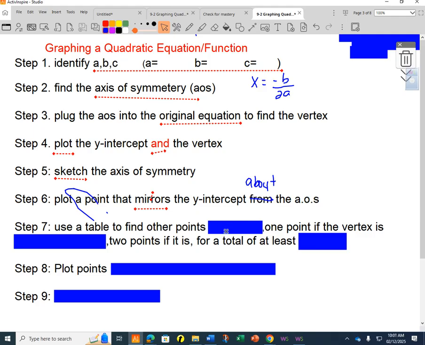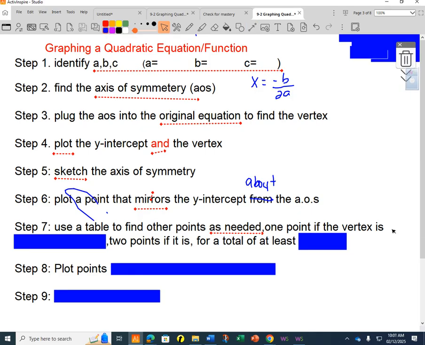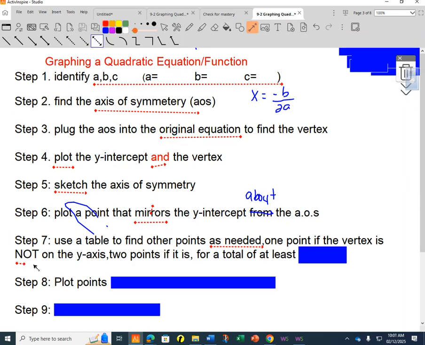Y'all caught up with me? Okay, so now we're going to use the T table to find other points as needed. We only need to find 1 point if the vertex is not on the y-axis. We will need to find 2 points if it is, and that means we're going to have a total of at least 5 points.